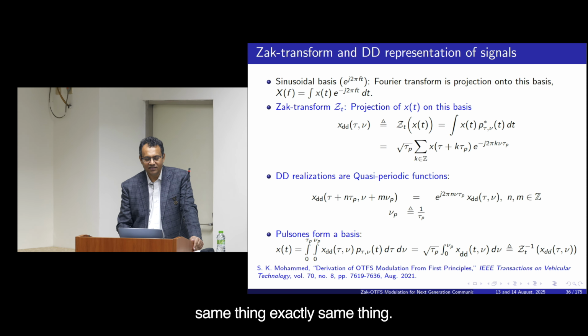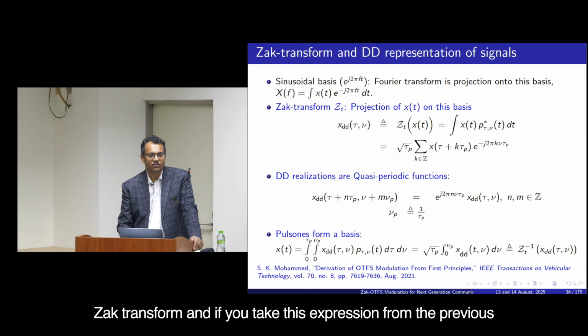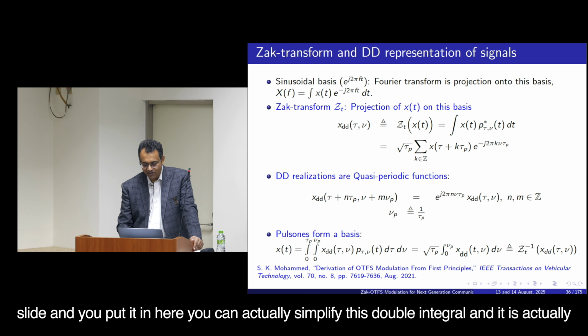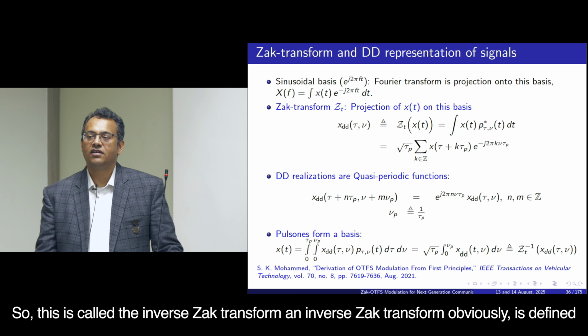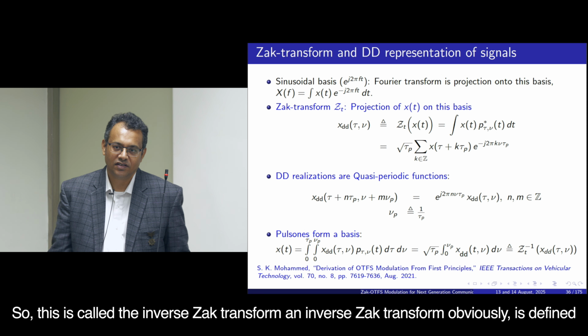It is exactly the same thing. So, this is called the inverse Zak transform, okay. And if you take this expression from the previous slide and put it in here, you can simplify this double integral and it is actually this thing. So, this is called the inverse Zak transform, okay.